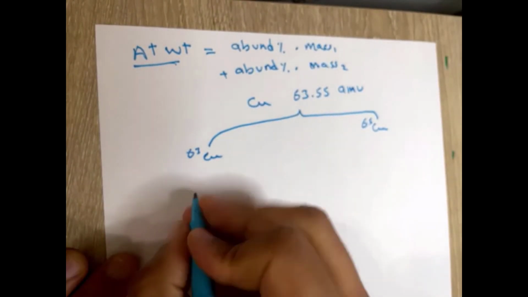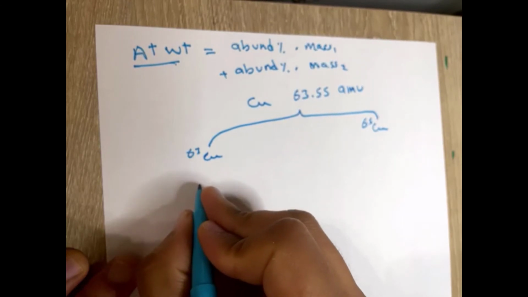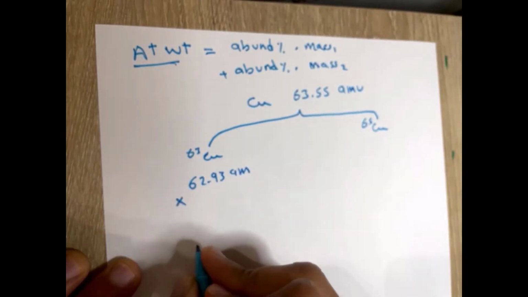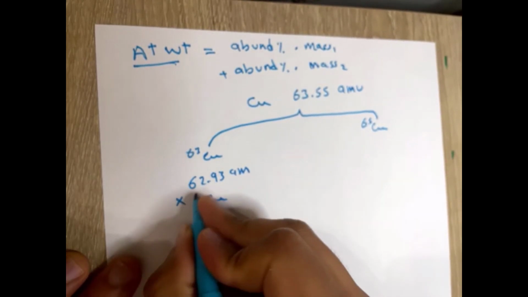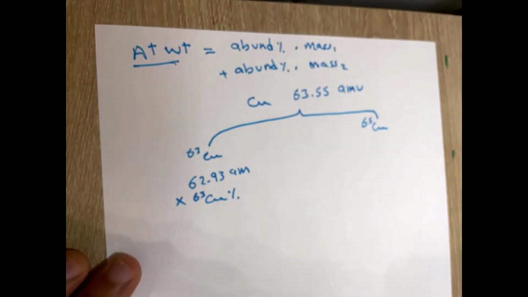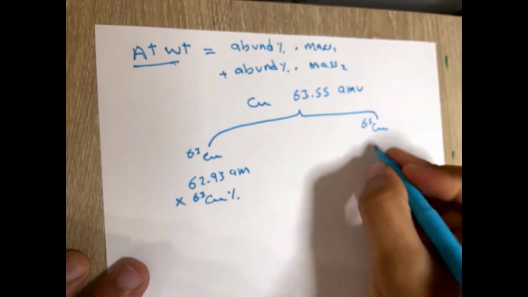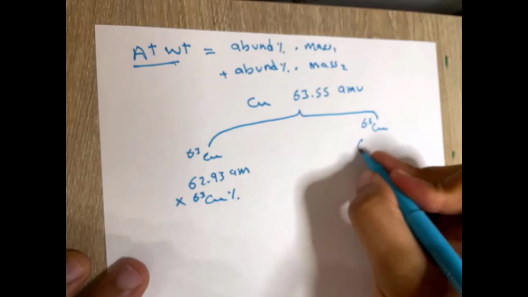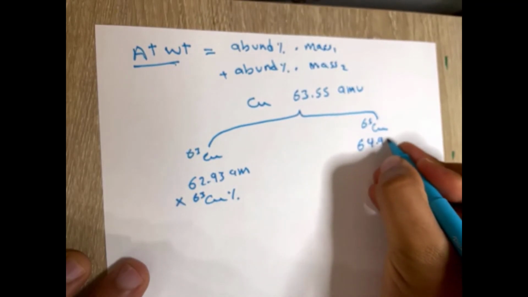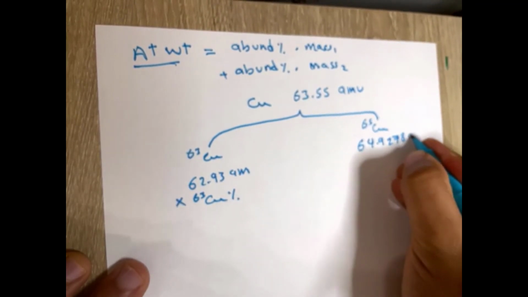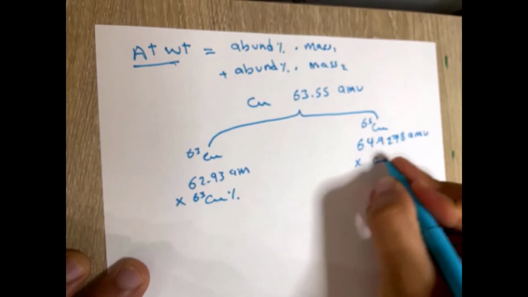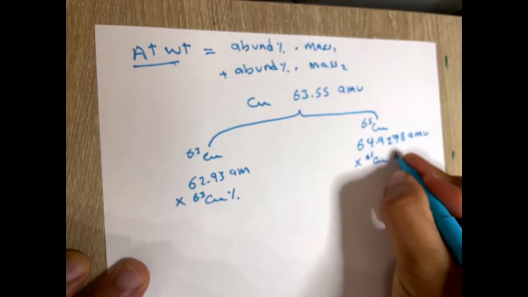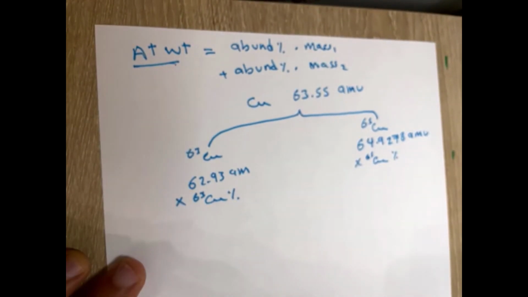So it should equal mass of isotope 63 times the abundance of isotope 63, expressed in fraction form, plus the mass of isotope 65, which is 64.9278 AMU, times the abundance of isotope 65, expressed in the fraction form.